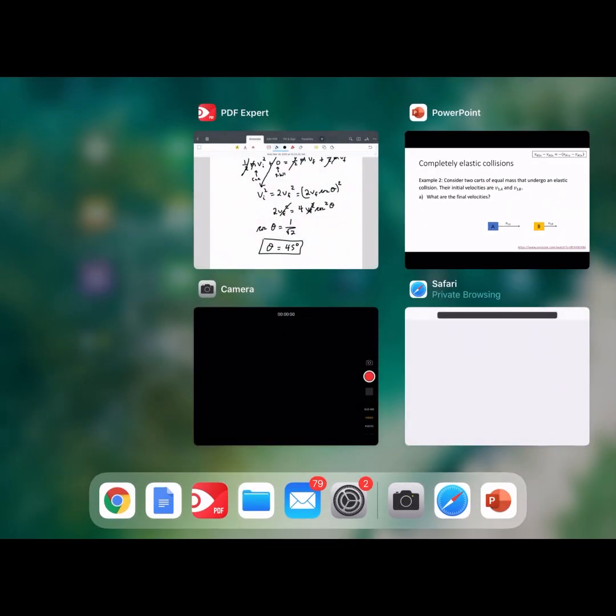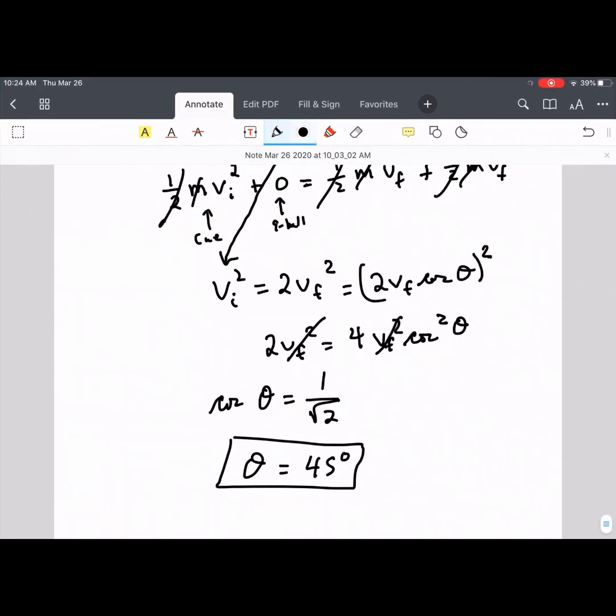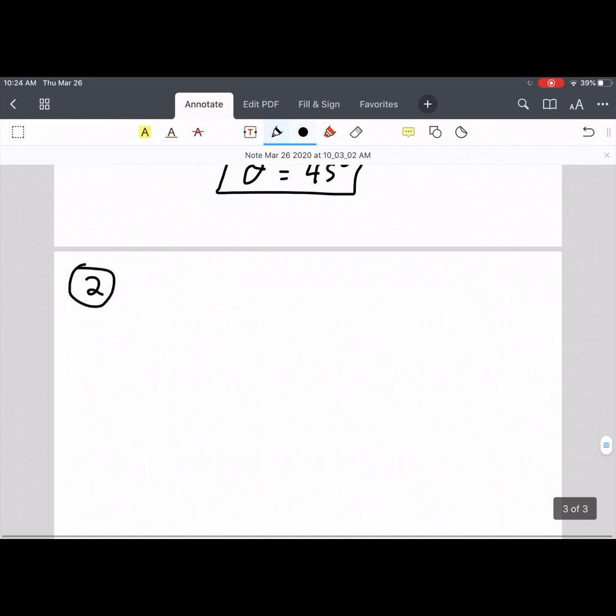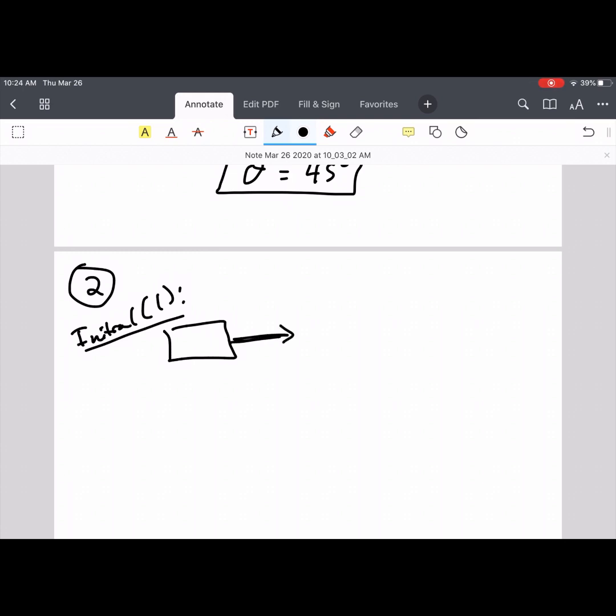So again, the initial setup of this problem is that I have one cart moving to the right with velocity v1a. So initial, I'm labeling with 1. This guy's moving to the right with velocity v1a, mass m. And this guy is moving, let's say, to the right a little slower with velocity v1b. After the collision, final, which will be labeled 2.